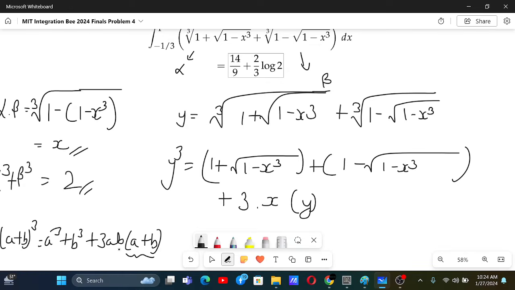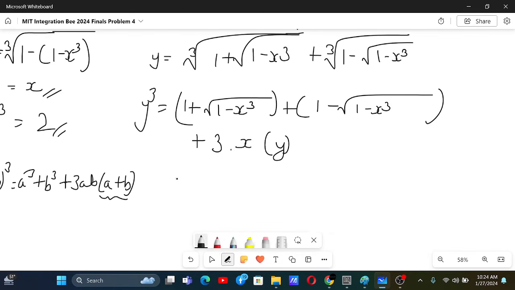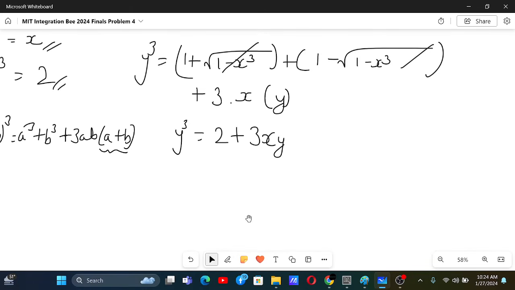And we know alpha times beta is just x, and a cube plus b cube are as they are. So after this, these two terms cancel out, and we have y cube equals 2 plus 3xy. Now y cube minus 2 over 3y is x.